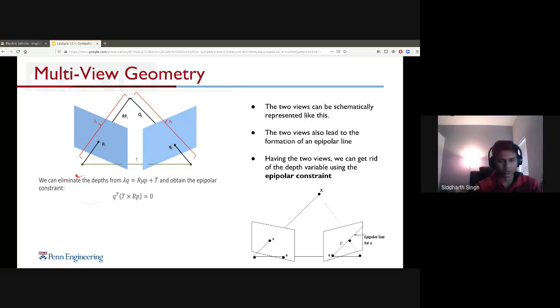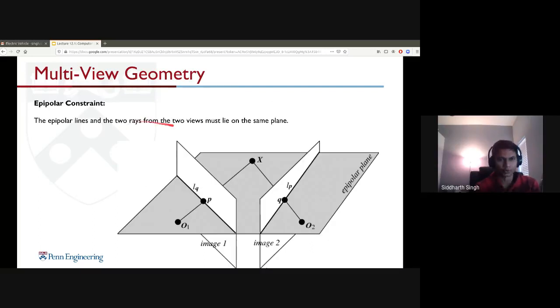So the intersection of the epipolar plane and the image plane itself is the epipolar line for that particular point, right? And this is also actually what we call the constraint, right? Because now that we are talking about this plane, you can look at it both ways: do we talk about the epipoles lying on the same plane? It's one and the same thing. The epipoles lie on the same plane, the epipolar plane, or all three vectors lying on the same plane is the same thing.